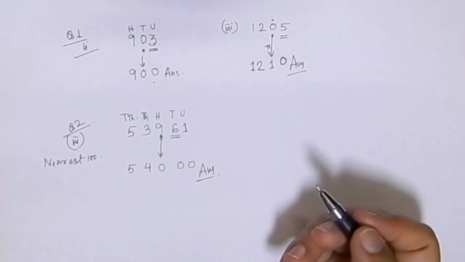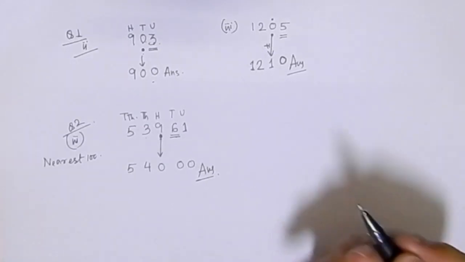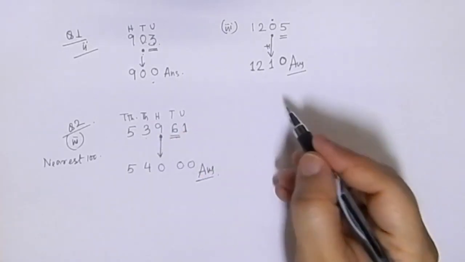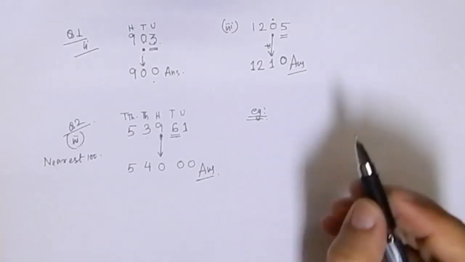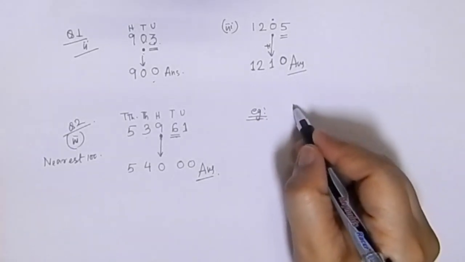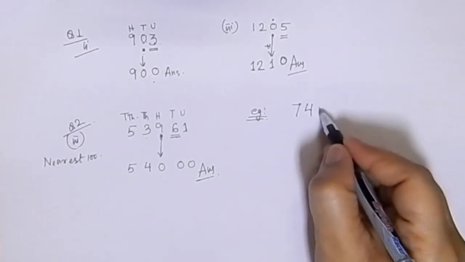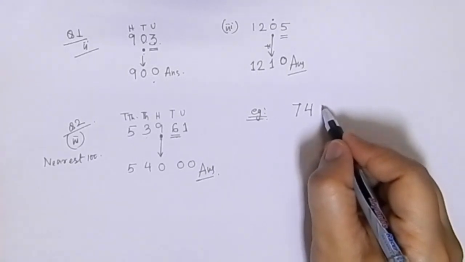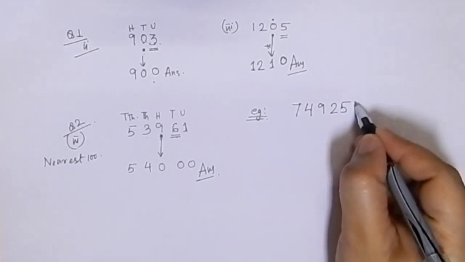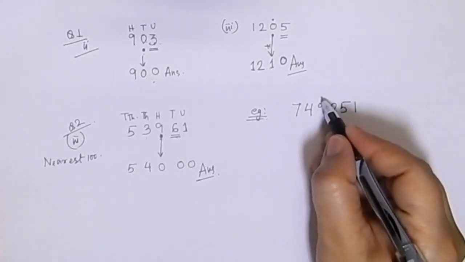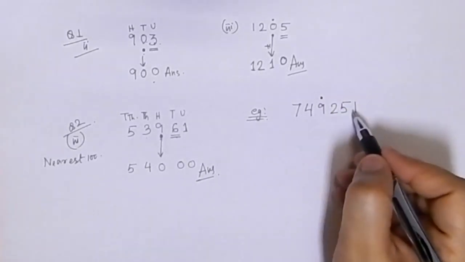Let us do another one. This is not there in the book, but still, for another practice, I am taking another number: 74921, and you have to round off to this position. What position is this?